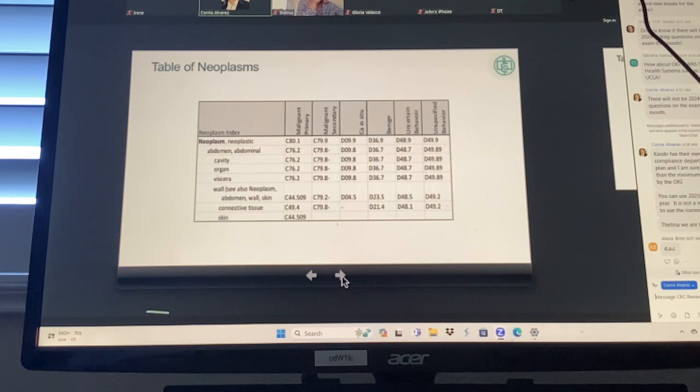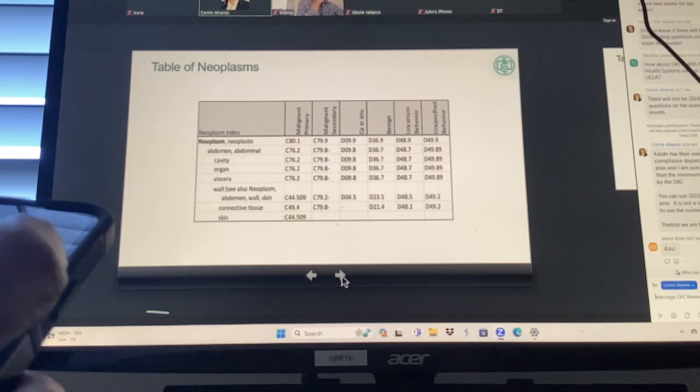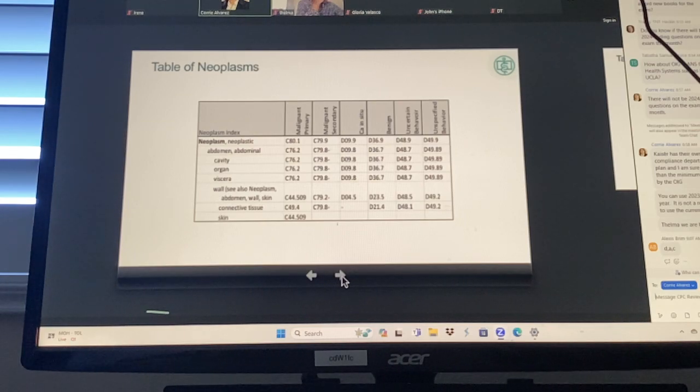So this is the column for when it's undetermined where that primary spot is. Another thing I'd advise you to do is read the box above that. Many of you forget that these are instructional notes, and highlight what you think is important to you.